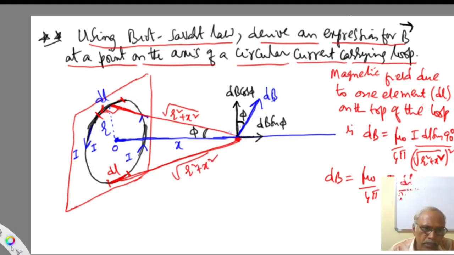Due to this dl also there is a magnetic field, again perpendicular to this line.